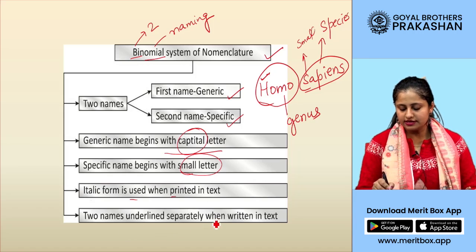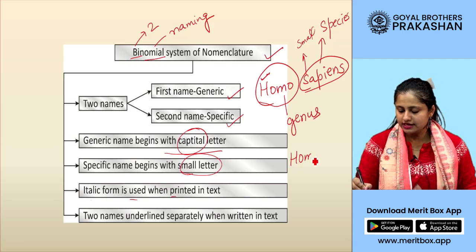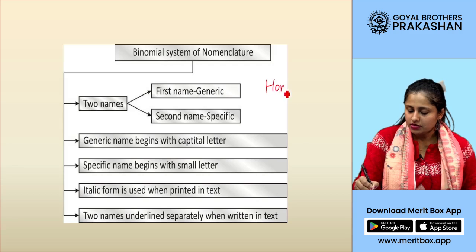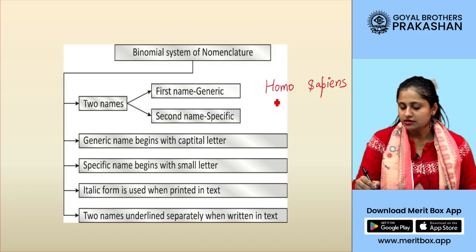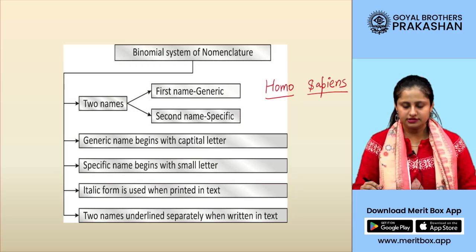Two names underlined separately when written in text. So, that should be written as Homo, I am writing here as there is no space. So, I am giving you an example again. Homo sapiens, here s means small s, and these two words should be separately underlined.